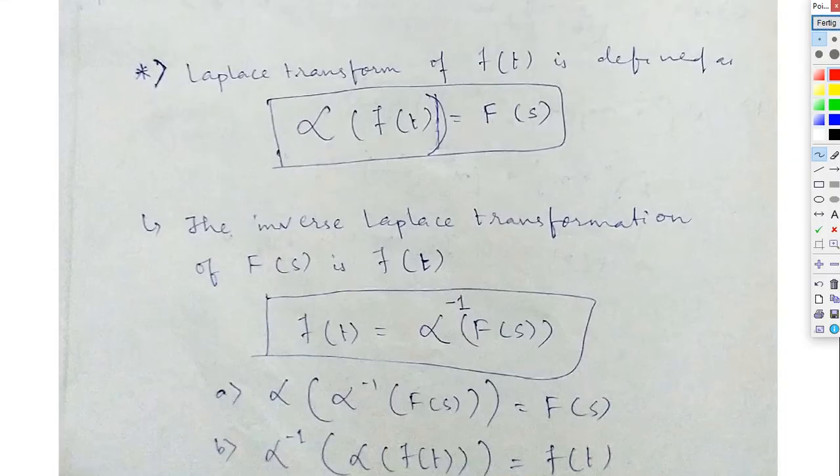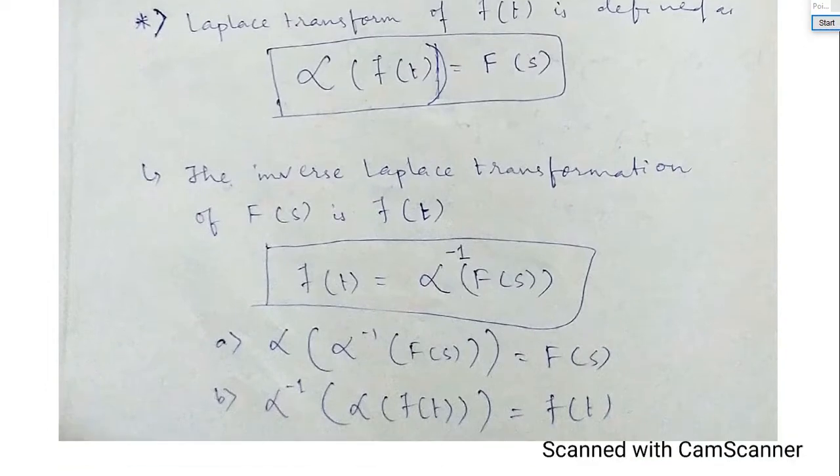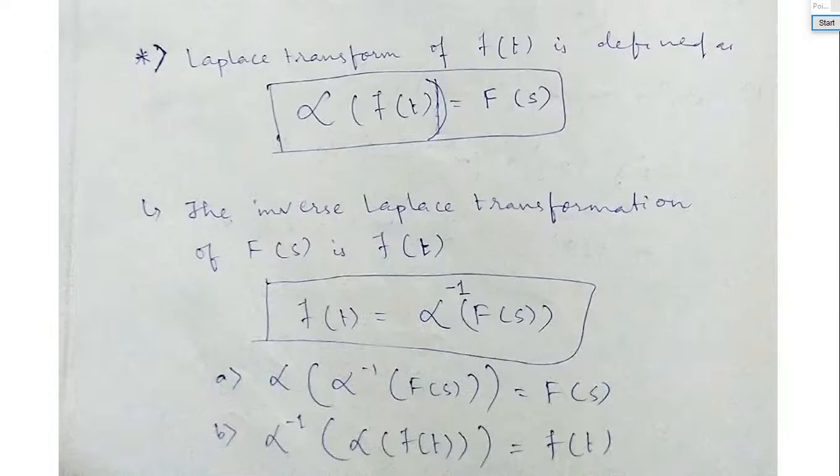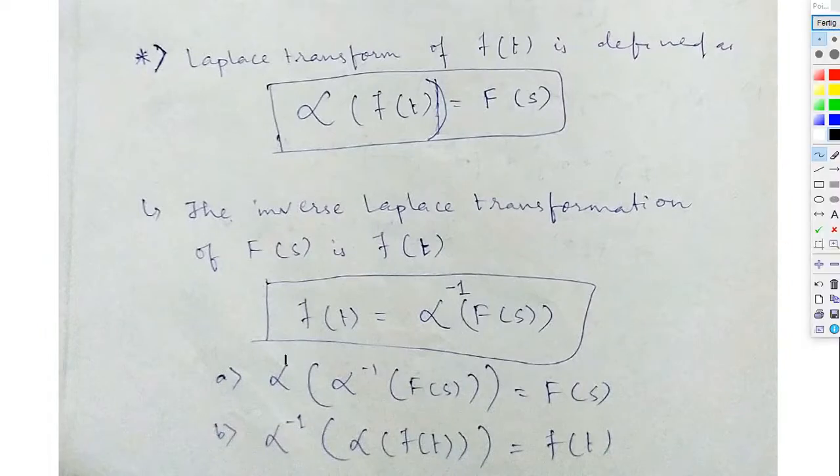The Laplace transform of f(t) is defined as L{f(t)} equals F(s). For the inverse Laplace transform, if we write f(t) equals L inverse of F(s), then this follows the identity relation: L of the inverse L of F(s) equals F(s), and the inverse L of L{f(t)} equals f(t). This is important for solving numerical problems.